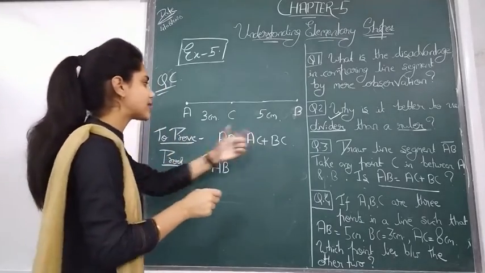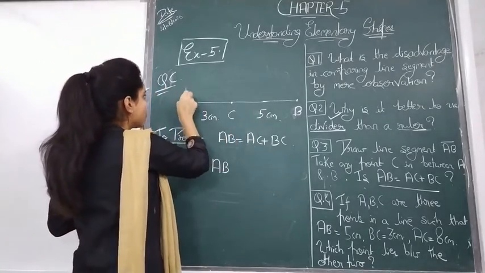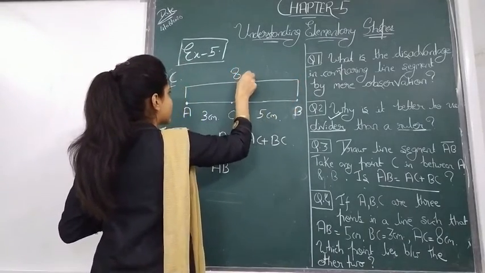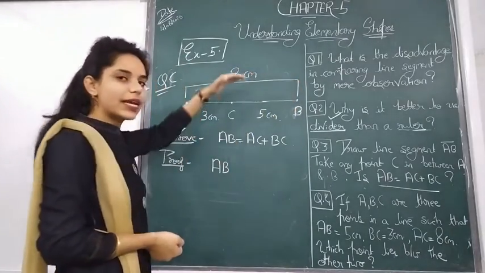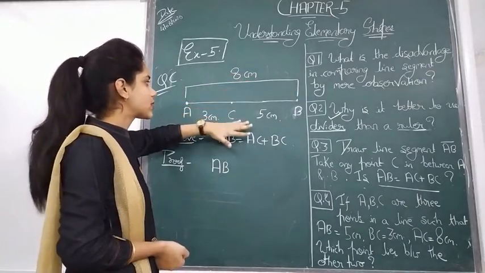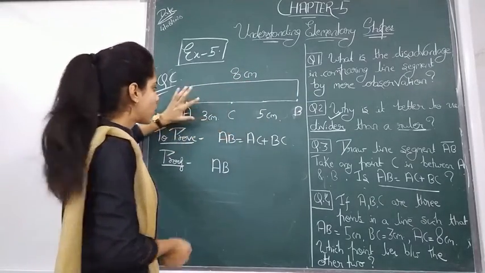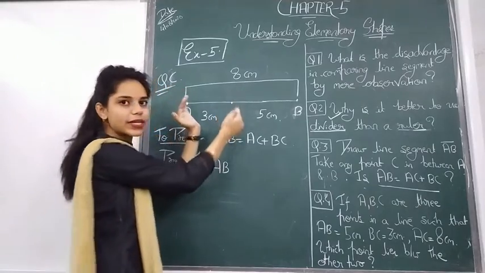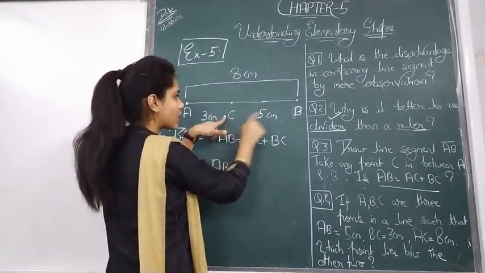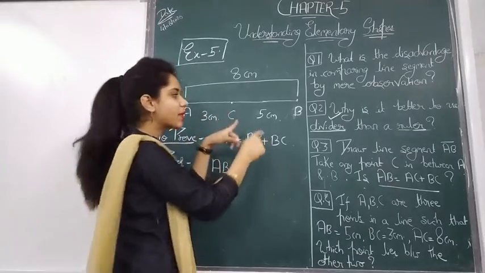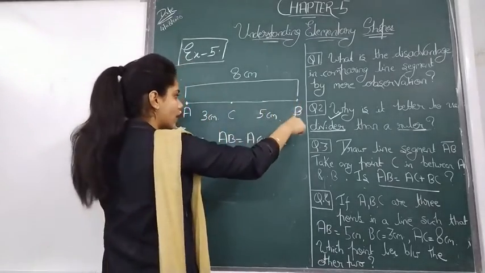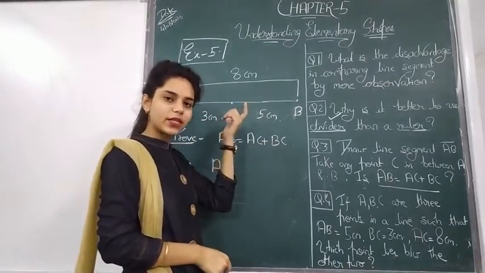Suppose we draw this AB as 8 centimeter, and I took this C in between. Suppose the length from A to C is 3 centimeter and the measurement between C and B is 5 centimeter. And this whole AB is 8 centimeter.